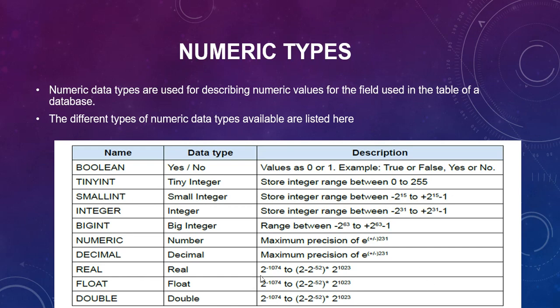The range is between 2 power minus 1074 to 2 power 52 into 2 power 1023. By seeing this range, we know that we can store very huge numbers in these data types for your fields.